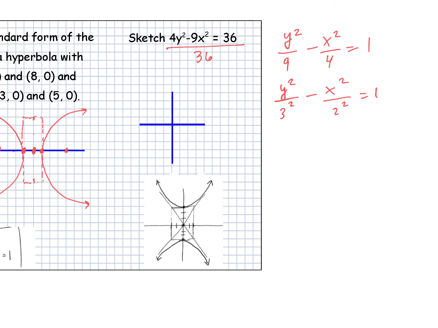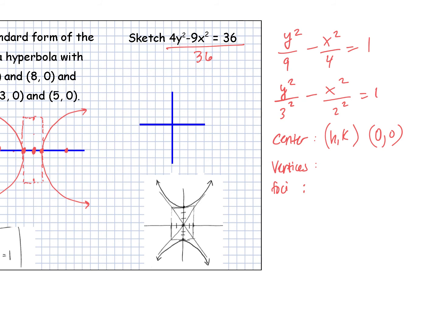Okay, so key points. Our center is at h comma k, which is 0, 0. Now, we are vertical.